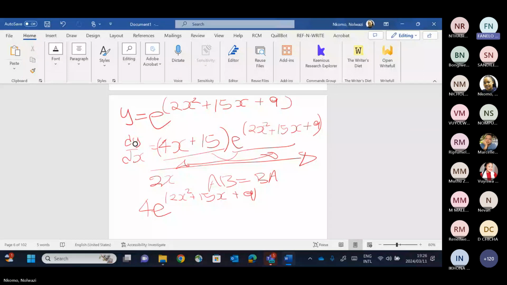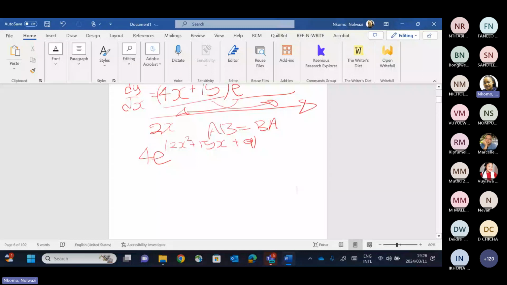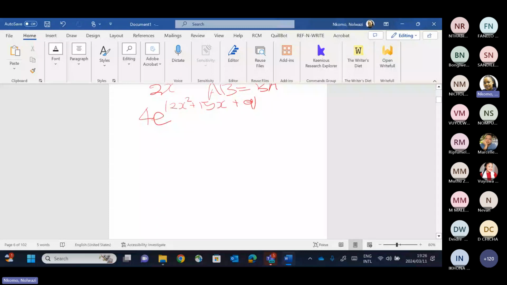First, we said y is equal to e to the power 2x squared plus 15x plus 9, right? And last time I gave you a rule to differentiate y equals e to the power x, and I said the derivative of this would be e to the power x, only if this is just one variable.